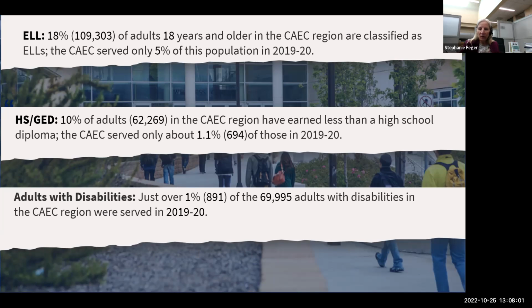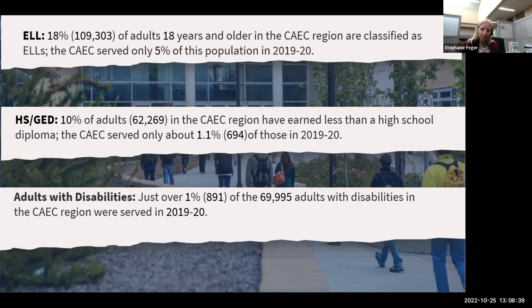These include better meeting regional needs by addressing these gaps in services, ensuring more seamless transitions to secondary education and the workforce, and expanding and refining student acceleration opportunities, particularly for students who have not completed high school. A big piece of our work is to leverage partners and community resources to understand the needs of students in our region and how we can partner to address them.